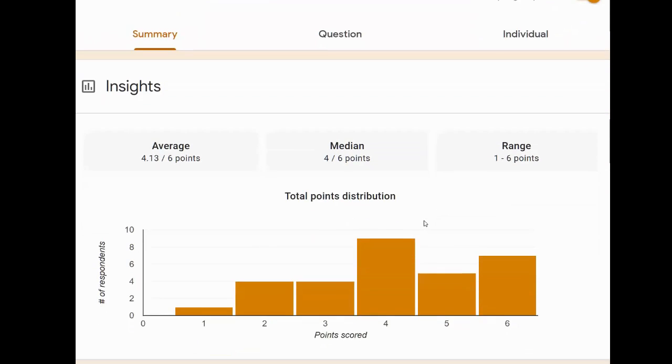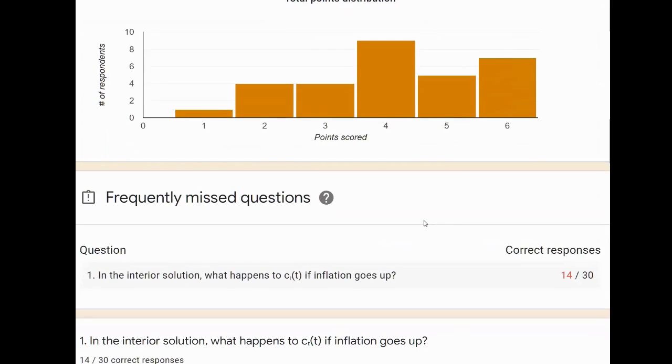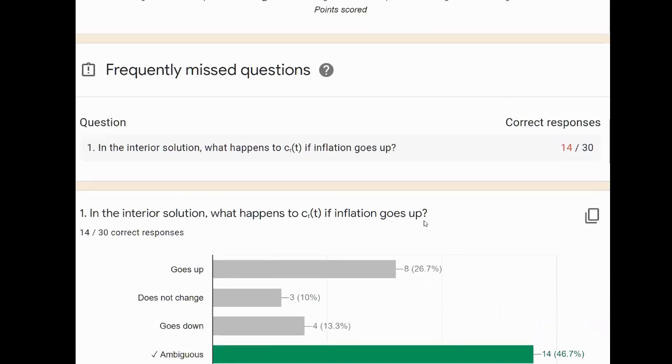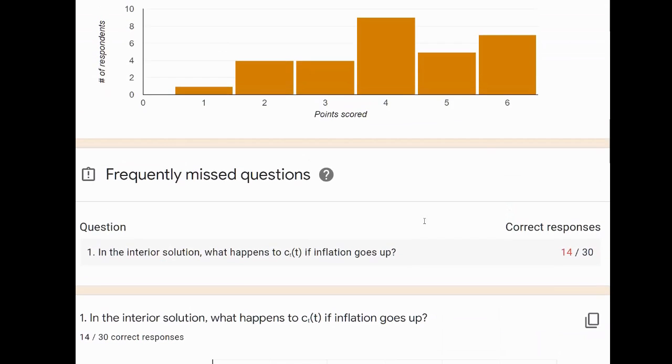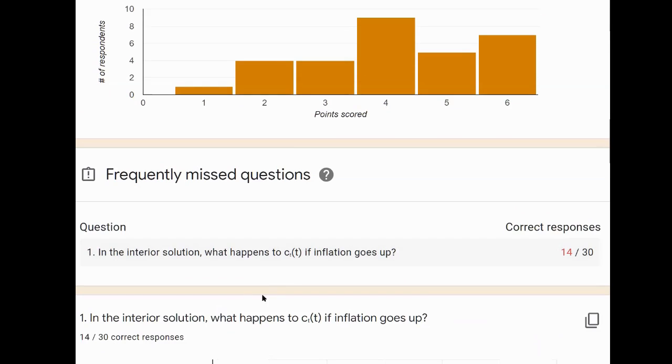Okay, so question one. Actually, the question one is the... Oh no, I didn't want to show it. Okay. So imagine you haven't seen the bars. In the interior solution, what happens to CT if inflation goes up?